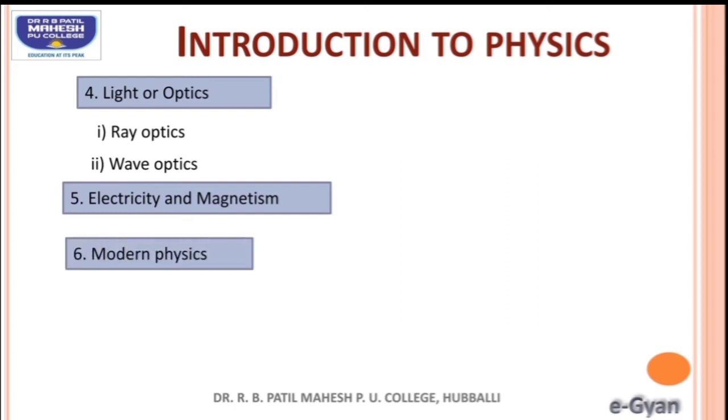Sixth branch, modern physics. It deals with dual nature of light, atom, nuclei, and it also deals with quantum theory.